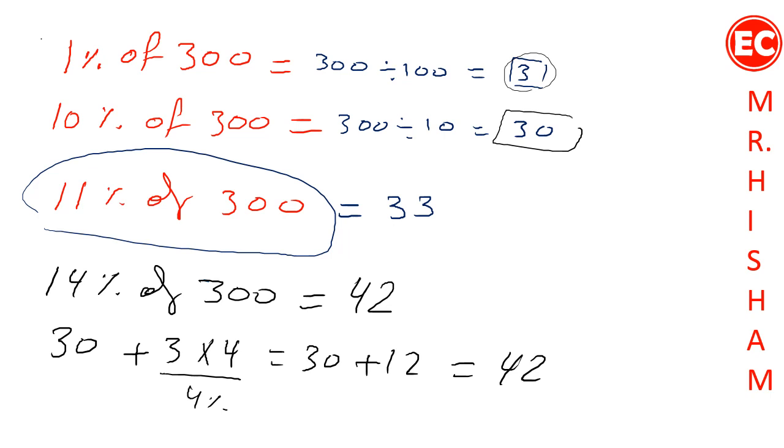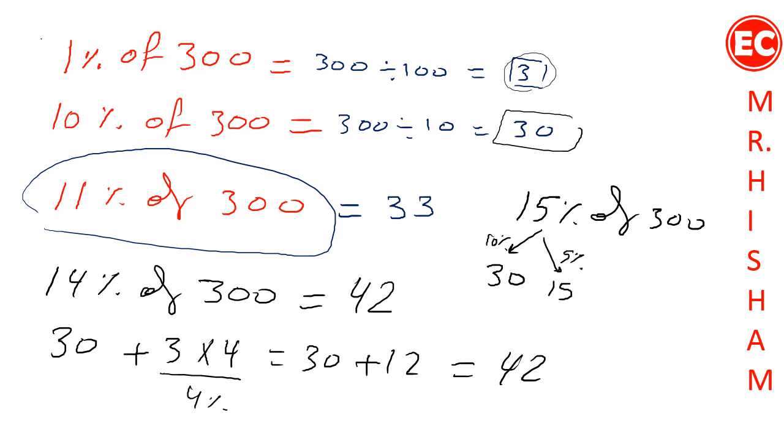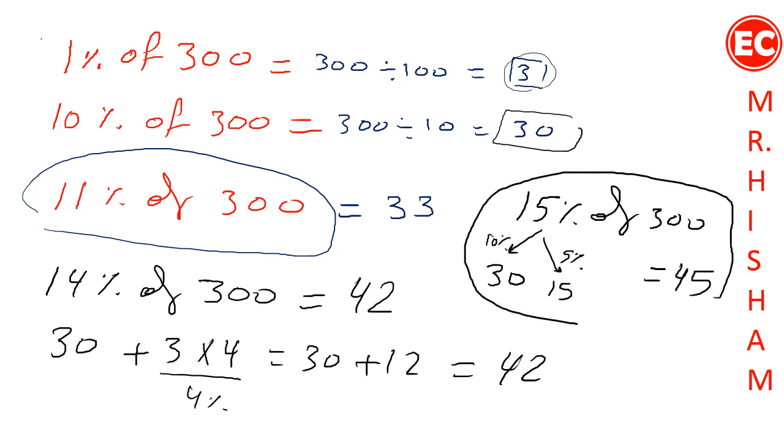What if I want to find another example, 15% of 300? 10% is 30. 5% is half of 30, which is 15. So 30 and 15 is 45. And this is how to simplify the percentage of 11, 14, and 15% of a large number.